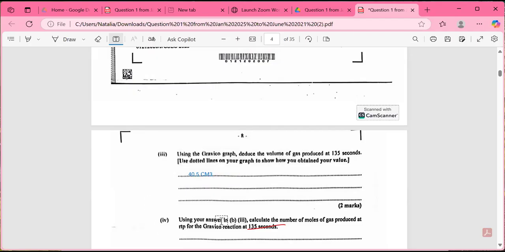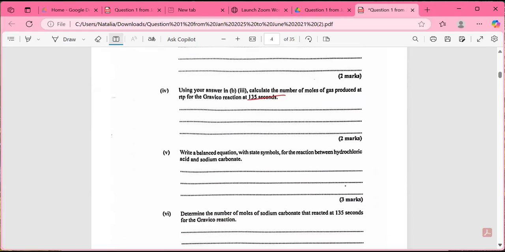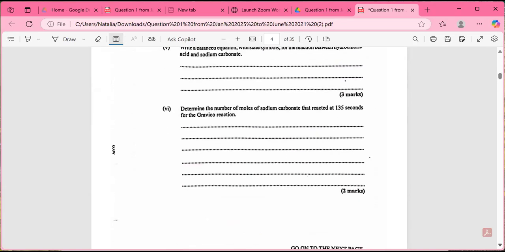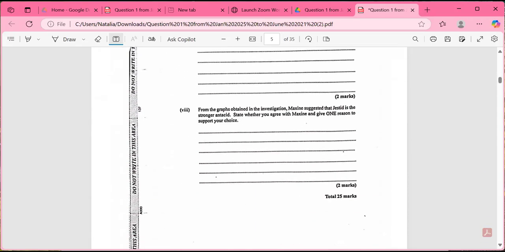Using your answer from B, so using this answer 40.5, calculate the number of moles of gas produced at RTP for the reaction at 135 seconds. So remember that the gas produced is carbon dioxide, right? And I'm looking to see if they give us the molar volume anywhere, and they have not.